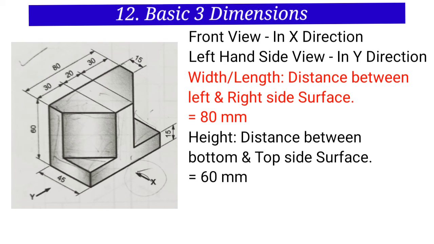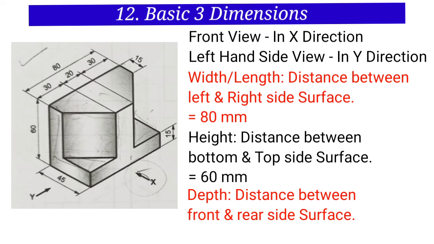Then the third dimension, that is to trace out the overall depth, hold the component in your hand in such a way that your front surface and rear surface are in contact with your palms. Then the distance between the front surface and the rear surface is called the overall depth.